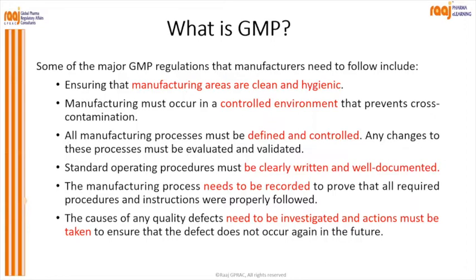When you are working in the manufacturing area, each machine should also have its work instruction, like how this machine operates. Suppose the first step is to switch on the button. Okay, next you add the ingredient. Like that, a stepwise work instruction has to be attached near the machine, so that all the workers, who are laymen, can follow it. All the work instructions have to be written in the local language as well.